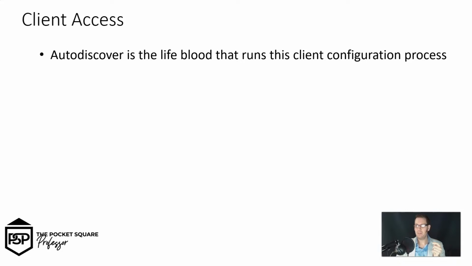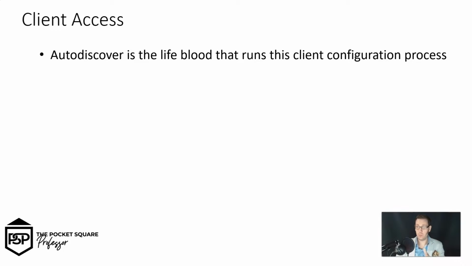But the biggest piece of this overall is Autodiscover. This is the lifeblood that runs this client configuration process. Autodiscover is what tells you that you are no longer on-premise and you need to connect to Exchange Online service endpoints. Once you have become a remote mailbox, you're going to hit Exchange on-premise, as you always do. We looked up the Autodiscover request, remember that?